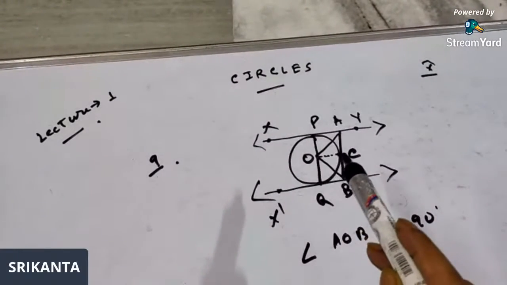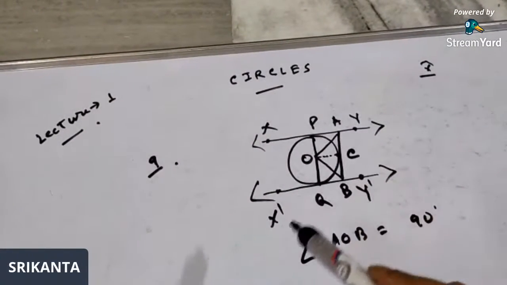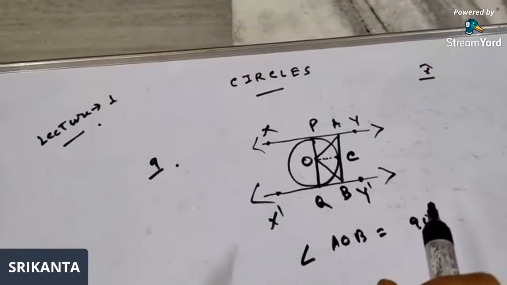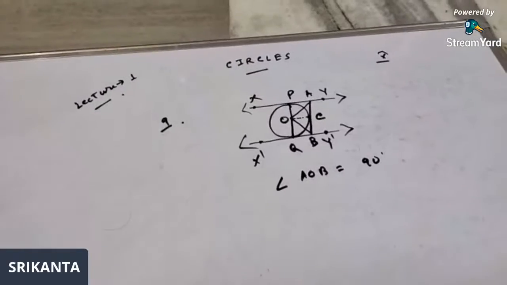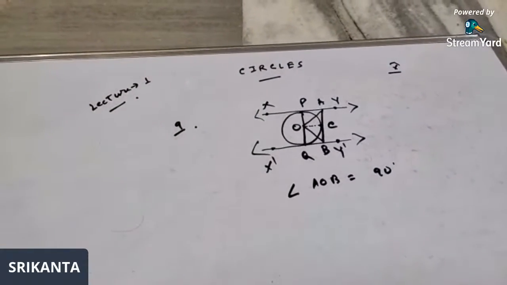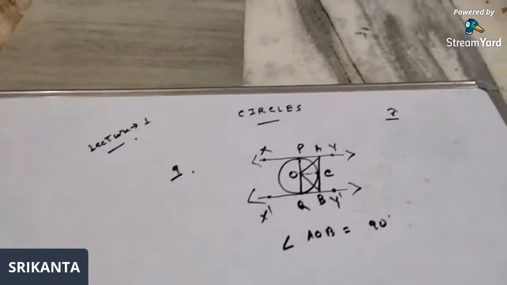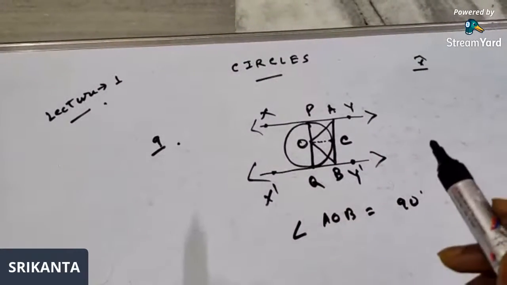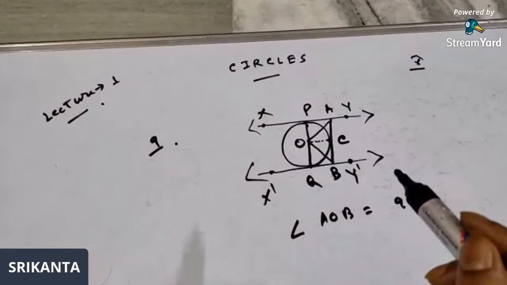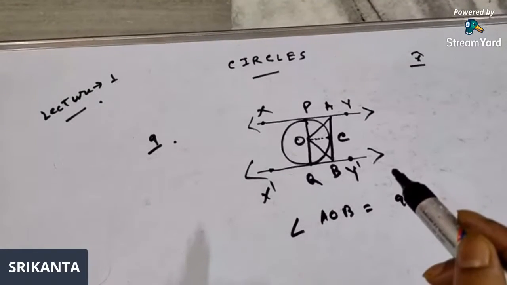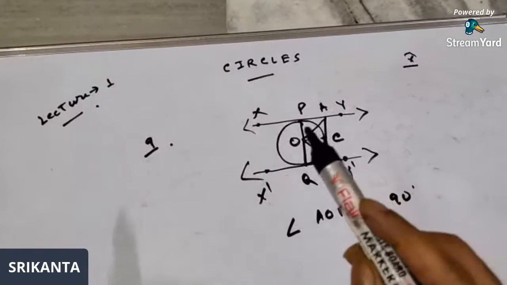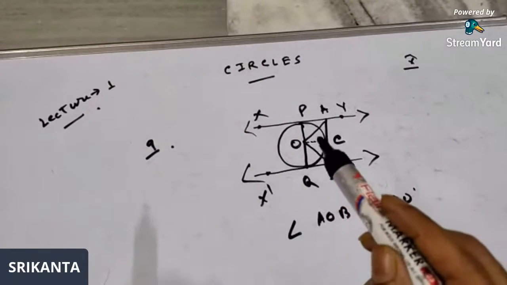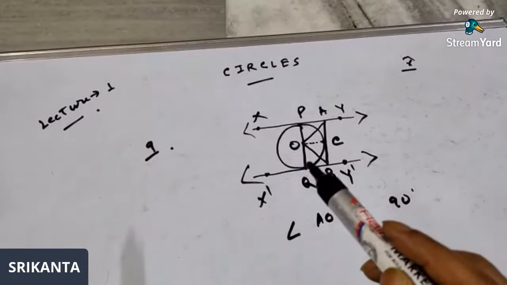So this is 90, this is 90. Anything am I missing? Angle AOB 90 degree. This is also 90. This is also 90.